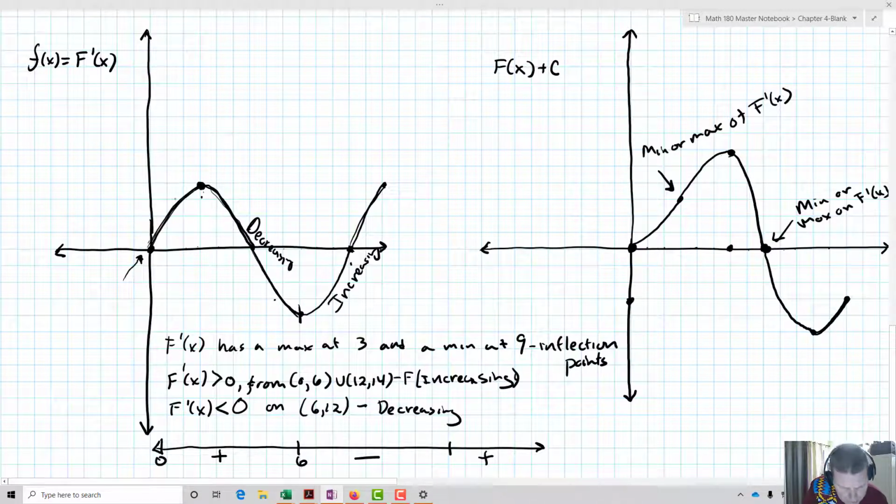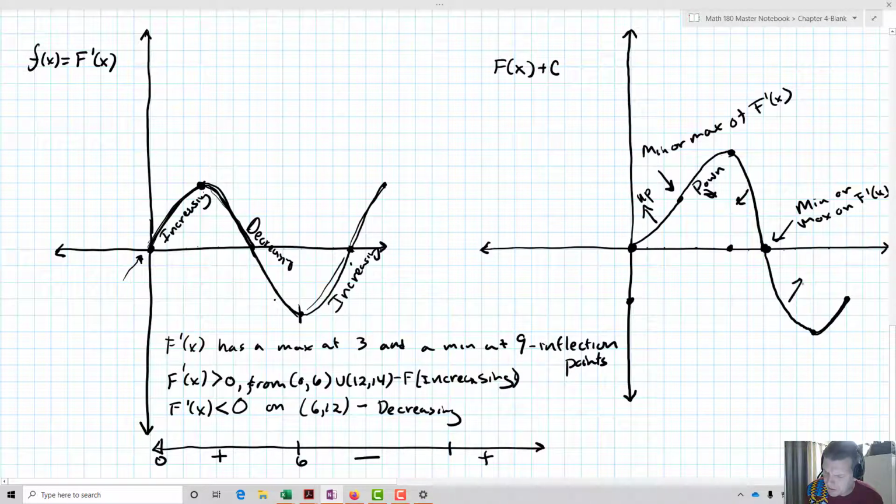So notice that we're increasing on the derivative, and that turns this one here to concave up. Then we start decreasing, and now we're down, concave down, until we hit 9, when we start increasing again on the derivative, and so this makes it concave up.